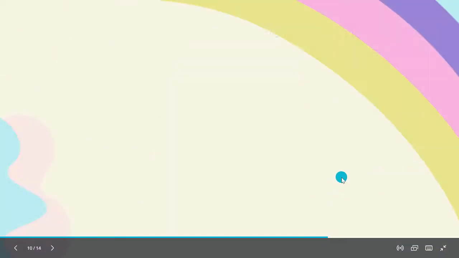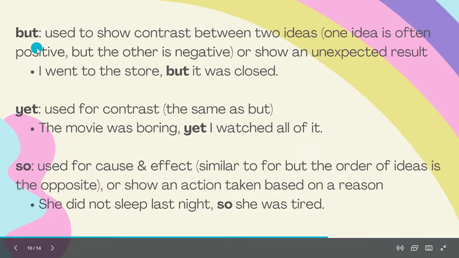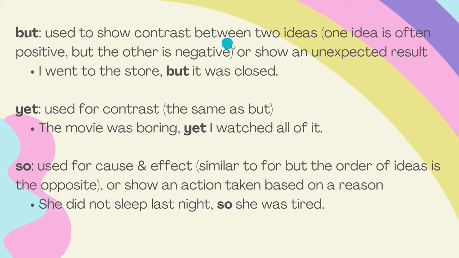Okay, next. But is used to show contrast between two ideas. One idea is often positive, but the other is negative, or it shows unexpected results. So, for example, I went to the store, but it was closed.